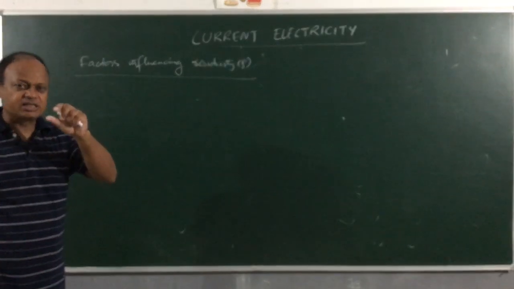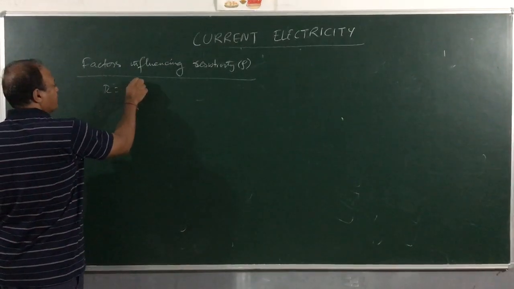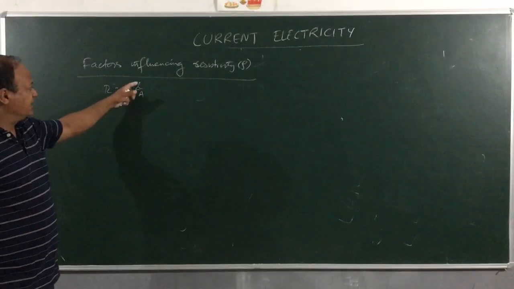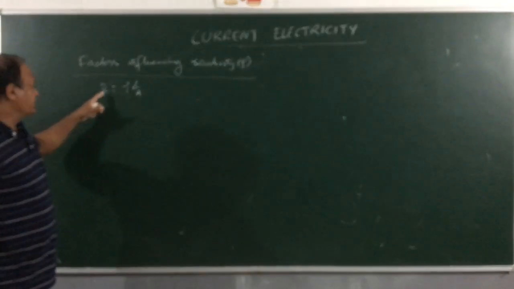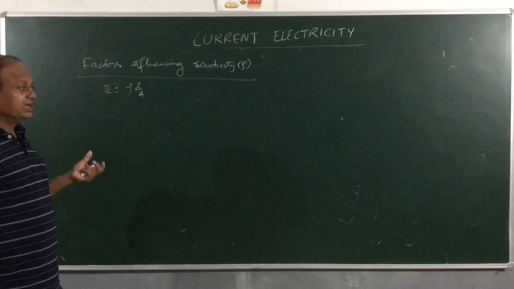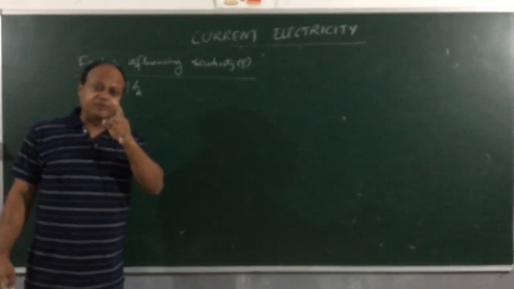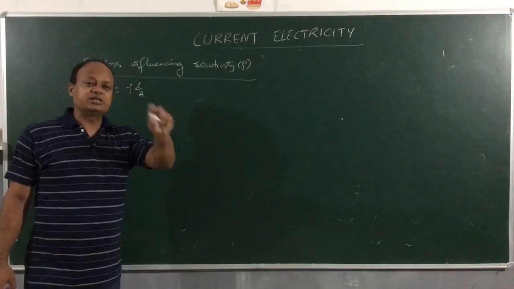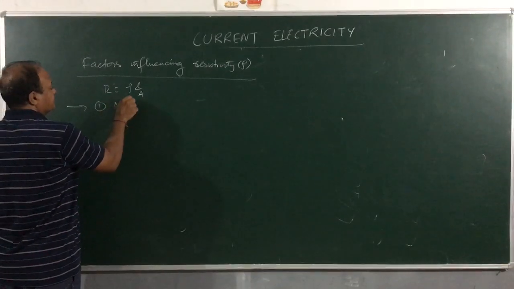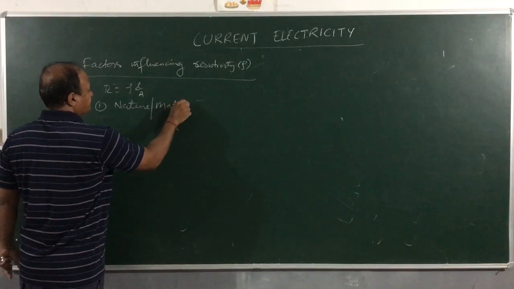They have the same cross section and same length. We know resistance is equal to rho into L by A, right? If for the conductors L and A are the same, then you can see the resistance will depend upon resistivity, right? So, it is important for us to study the factors on which resistivity depends. Very important. Resistivity depends upon two things. First one is the nature or material of the conductor.